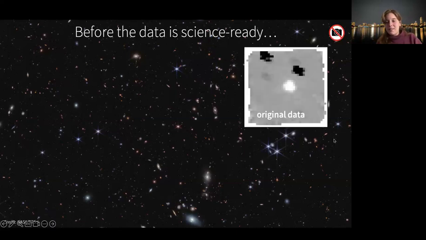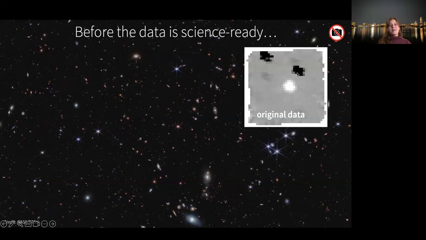To illustrate, I'm going to show this data that we recently got from the James Webb Space Telescope, which at the center is showing a quasar. This bright blob in the center of the picture is a quasar at redshift roughly 6, which again is one of these quasars where the light has been traveling towards us for 13 billion years.